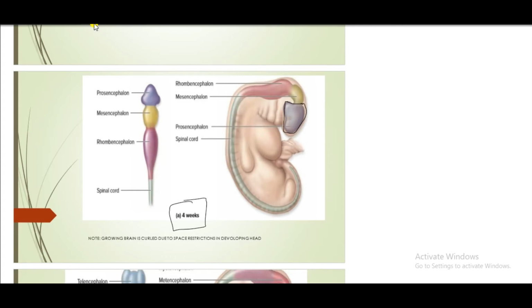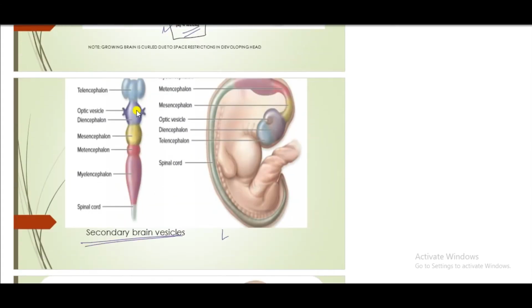You can see in the late fourth week these things, and the mesencephalon, and also you can see the rhombencephalon, and the remaining portion is going to be your spinal cord. Okay, late fourth week, it is important. And the three primary vesicles are prosencephalon, mesencephalon, and the rhombencephalon.